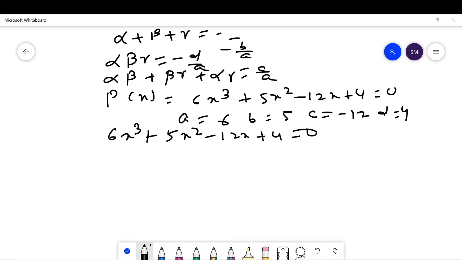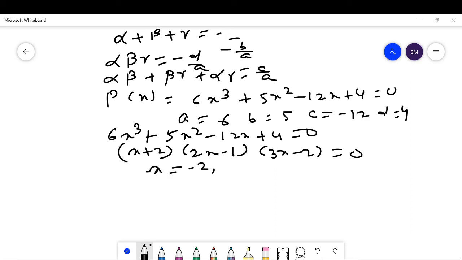If we factorize this polynomial, we get x plus 2 into 2x minus 1 into 3x minus 2 is equal to 0. When we factorize this, we get this. Then what are the zeros? x equal to minus 2, 1 upon 2, 2 upon 3. Then this is alpha, this is beta, this is gamma.